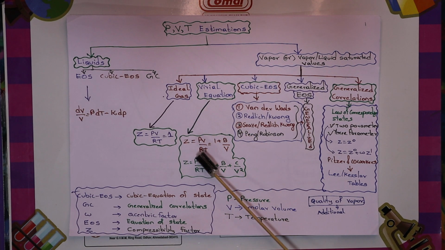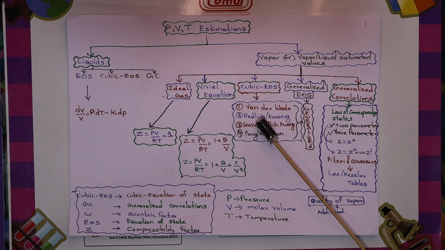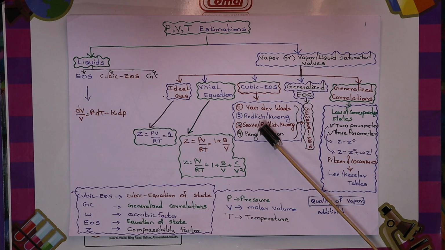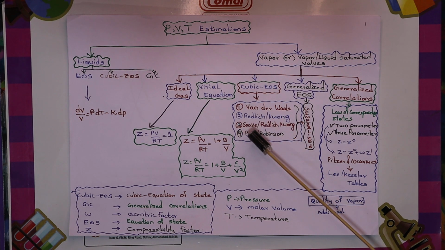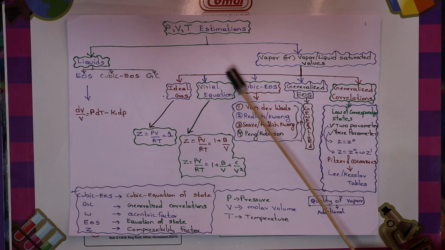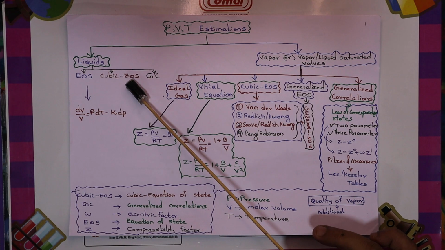Now we are into one of the important concepts: estimation of volumes using cubic equations of state like Van der Waals, Redlich-Kwong, Soave-Redlich-Kwong, Peng-Robinson, and there are many other cubic equations of state, where we can estimate the molar volume of the vapors as well as the molar volume of the liquids.